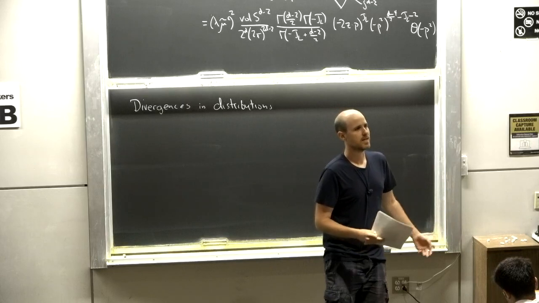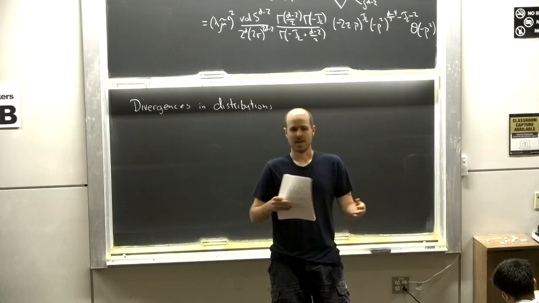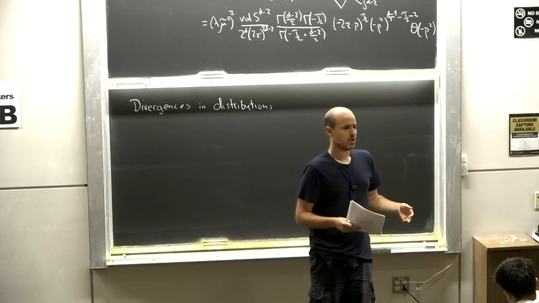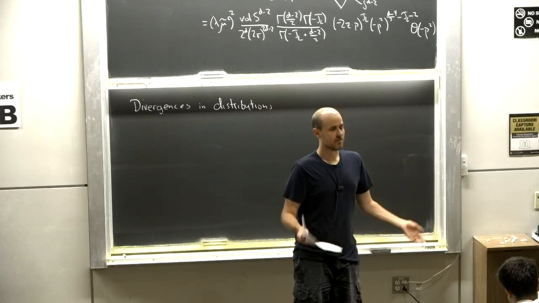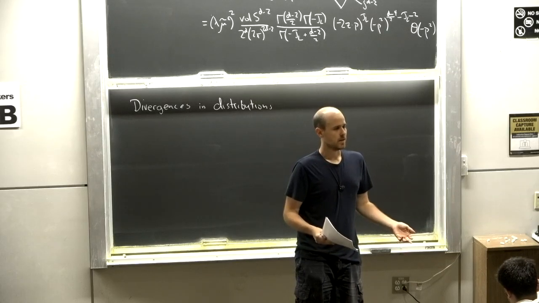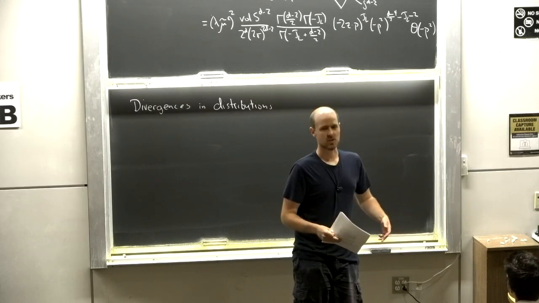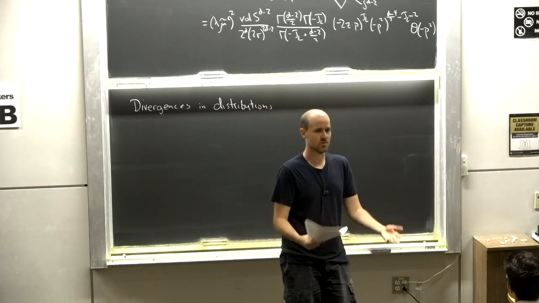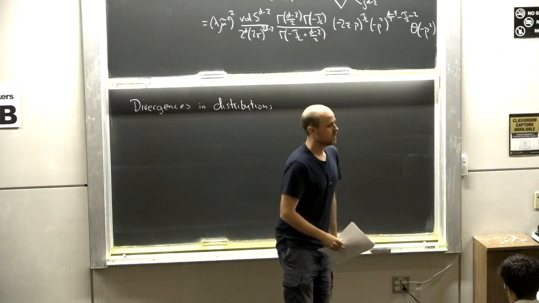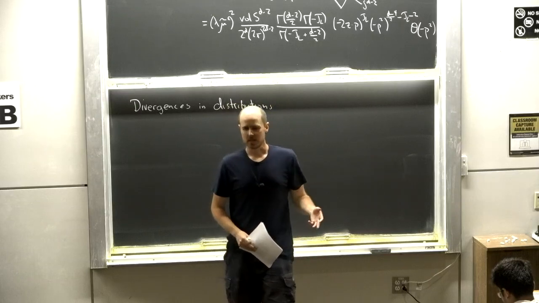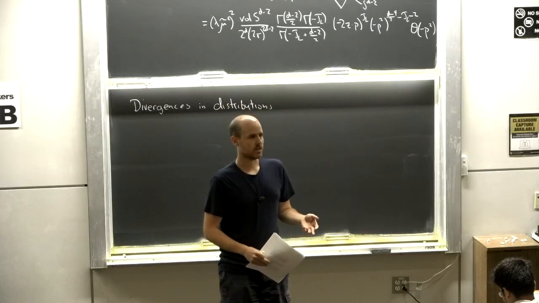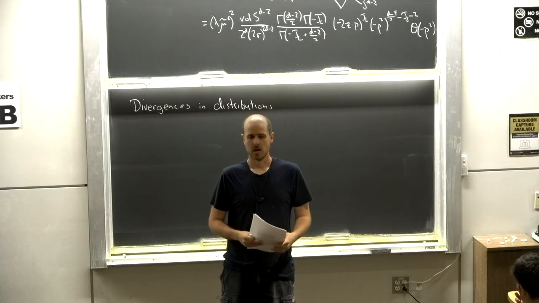Maybe the most familiar case of this is that when you have an amplitude, it's a function of p, you should imagine smearing it against the wave function of the particles, right? And those wave functions you can think of as test functions, and those are the actual physical observables.